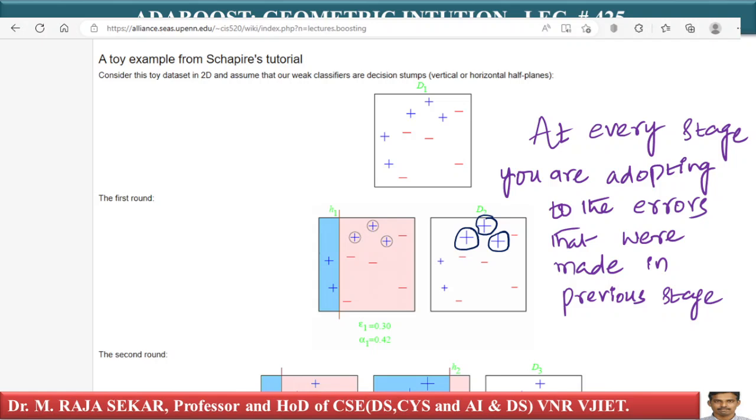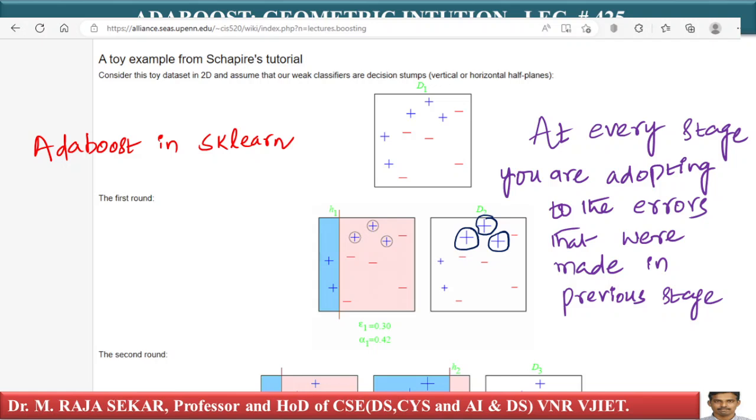It is called adaptive boosting because at every stage you are adapting to the errors made in the previous stage, and we are giving more importance to those points which are misclassified. This is the core idea of AdaBoost, and as you have seen, you can get it in sklearn: gradient boost classifier, gradient boost regressor.